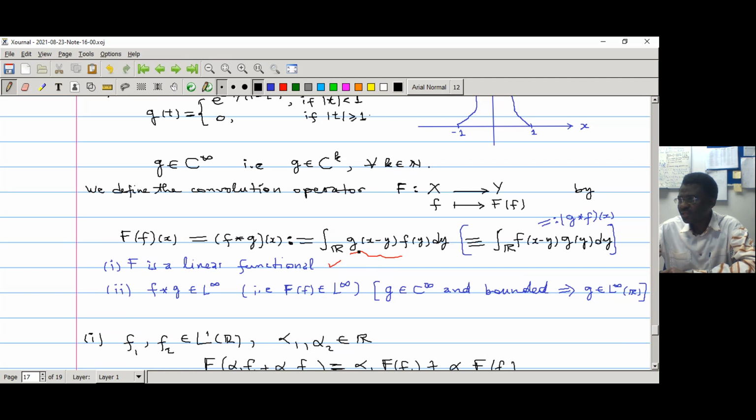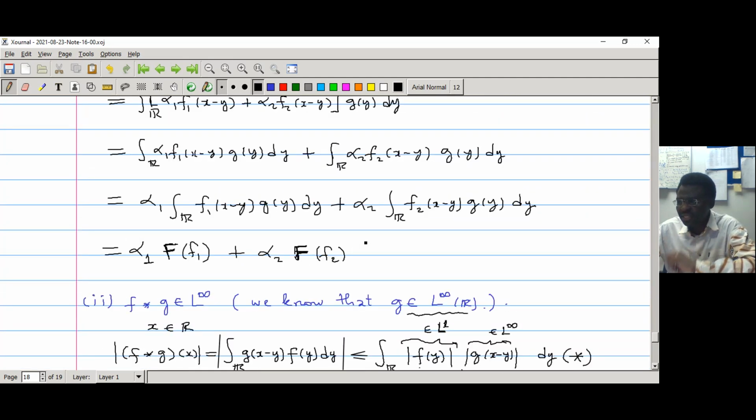You can see that this g is a function of a single variable, so you have x and y both there. But if it's a function of two variables, then it's like our kernel k of t, s.